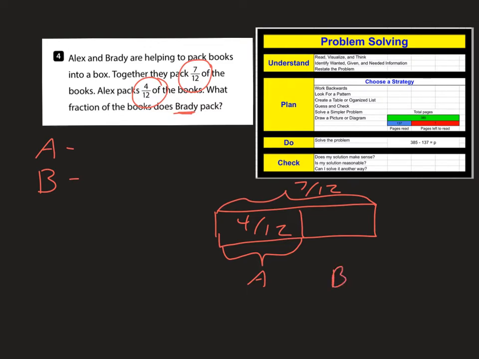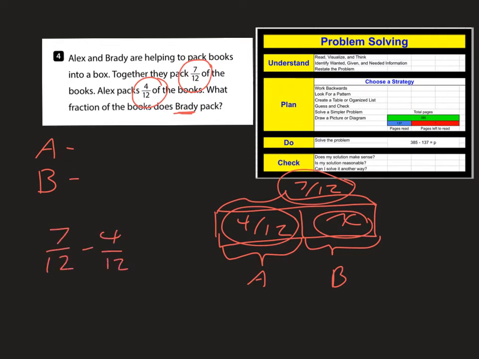So I know Brady's going to be right here. So this is my variable. So I've set up a bar model. I need to find out my variable, which is x. So this is my whole, and this is a part, and this is my other part. So 7/12 minus 4/12 will give me x. x is equal to 3/12.